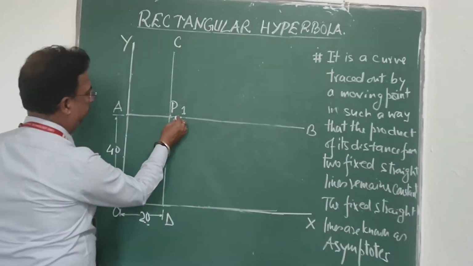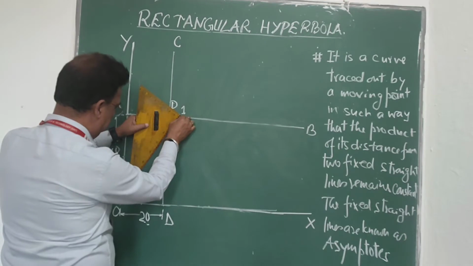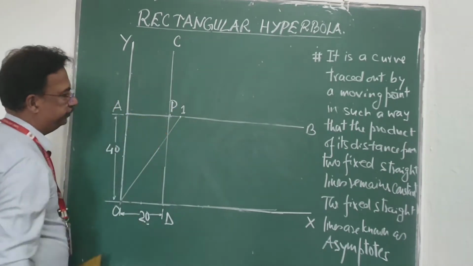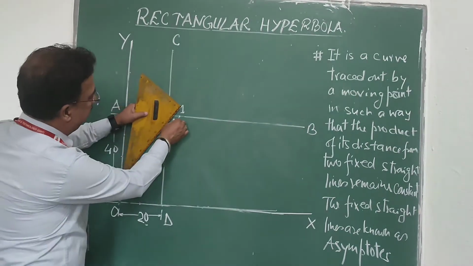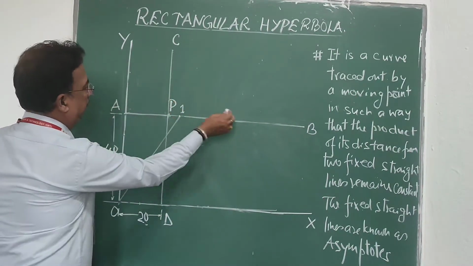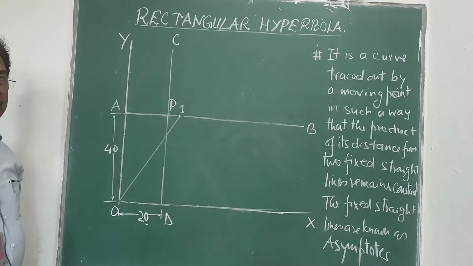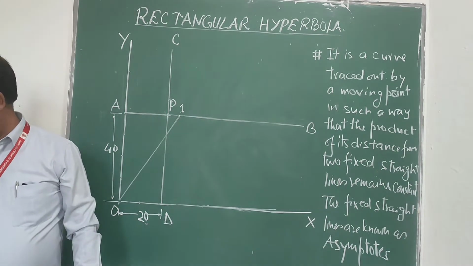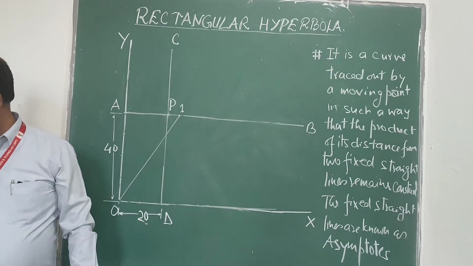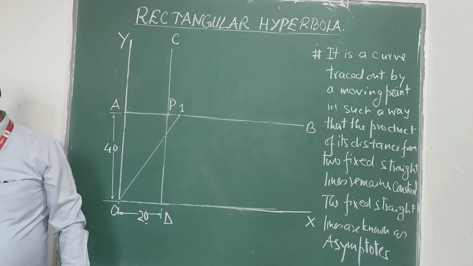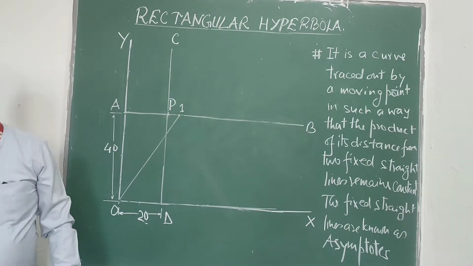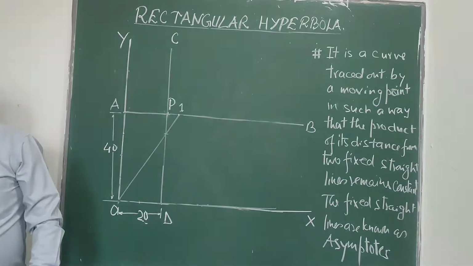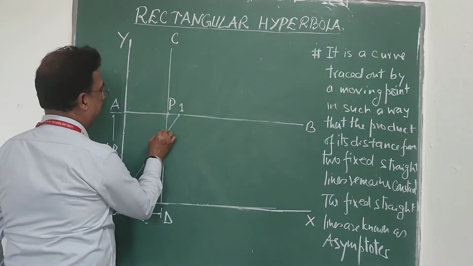So 5 mm from this I will mark a point 1 and join this point 1 with this O. What I have done: on this line from P towards B, I have marked a point 1, and then I have joined that point 1 with O, that is the intersection of the x axis and y axis. Where this line cuts this line, suppose I will denote this by the letter 1 dash.